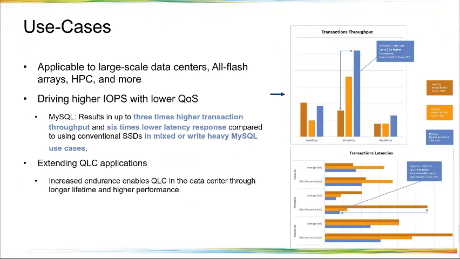Especially in cases where you want to drive higher IOPS with lower quality of service variation, so high performance and more consistent latencies, they are good candidates. For example, here on the right, we have MySQL, where you can get 3 times higher transaction throughput while also having 6 times lower latency compared to conventional SSDs in mixed or write-heavy MySQL use cases.